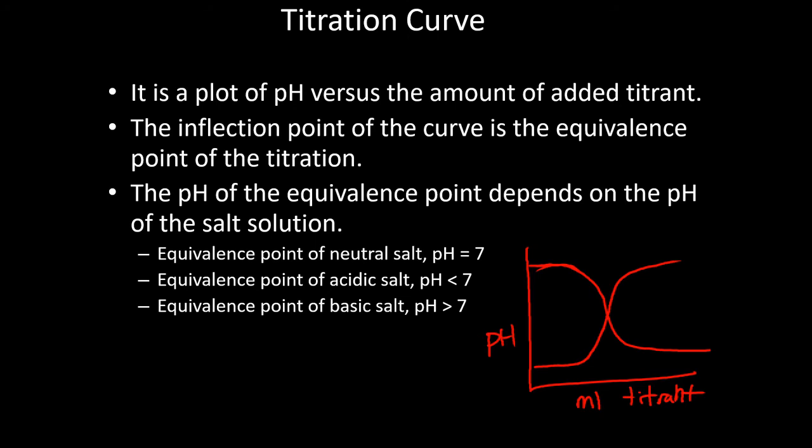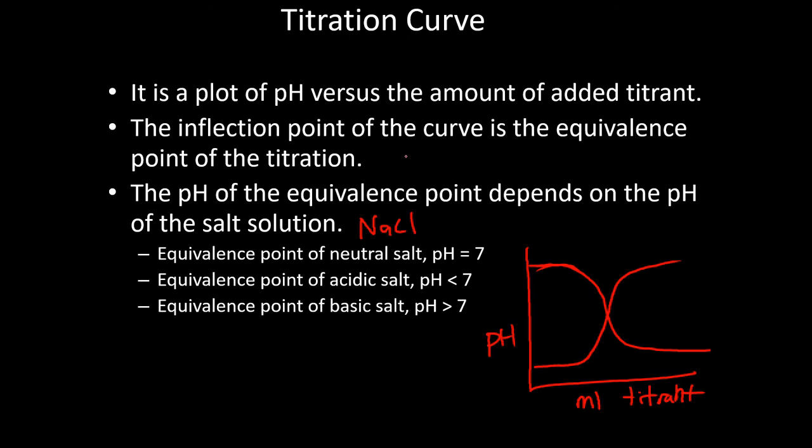If we have only strong stuff, so if we're titrating a strong acid with a strong base, then there's no weak acids or bases involved, and so when all of the neutralization is done, all we're left with is neutral salts, like a sodium chloride, for example.